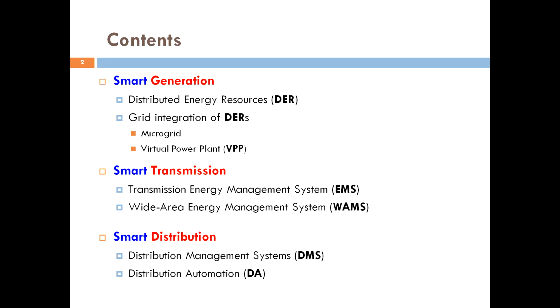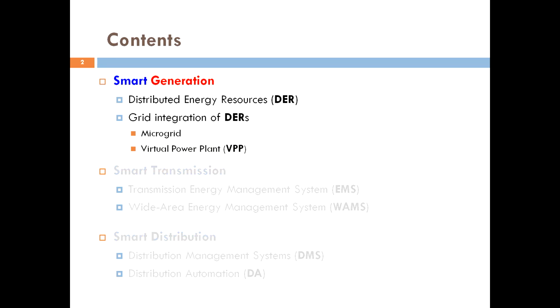We know that the electric power system has mainly three parts, which are generation, transmission, and distribution. As I mentioned earlier, we are going to be looking at the smart grid in the context of these three main components. In this presentation, we are going to focus on the generation side of the electric power system.